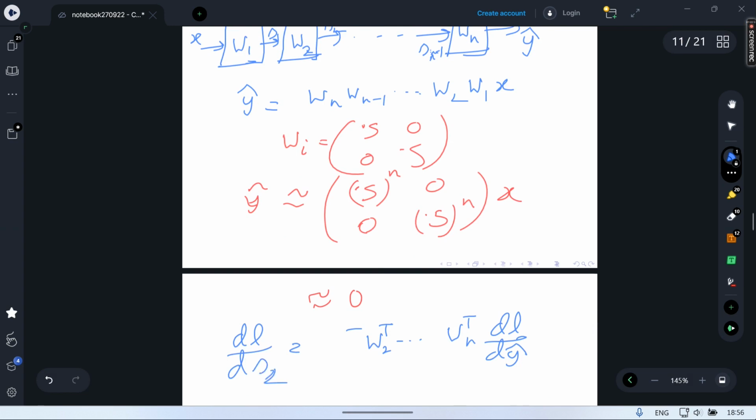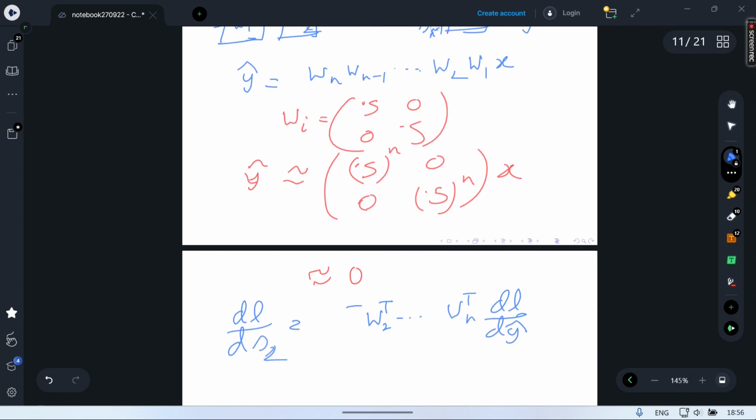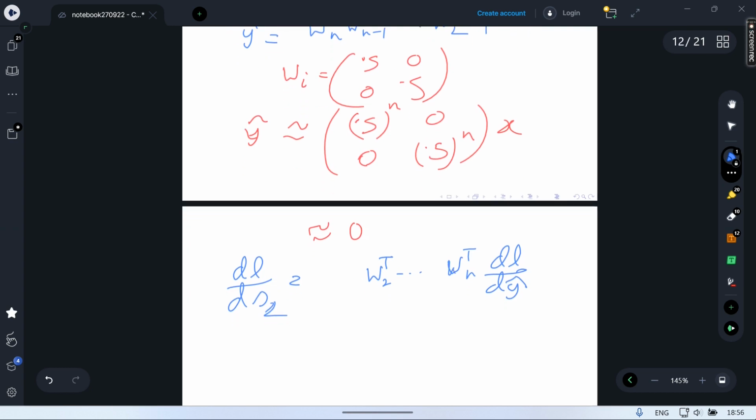So it is nothing but the multiplication of the individual matrices' transposes multiplied by your gradient with respect to the final output.